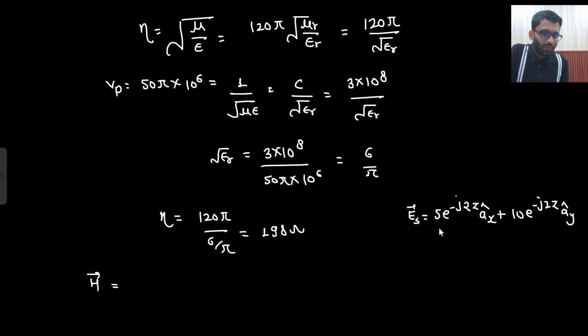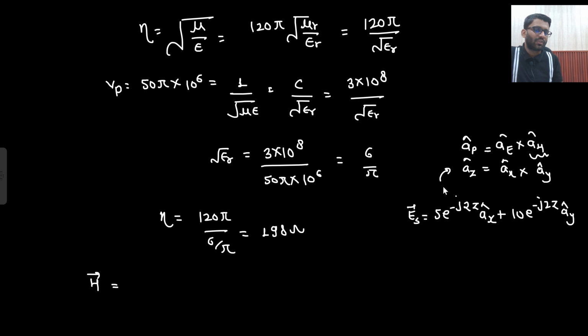Now for this wave, if I write AP is equal to AE cross AH, the direction of propagation is Z. The direction of electric field is X. Then what will be the direction of H? That would be AY cap. Is that clear to you? X cross Y is equal to Z.